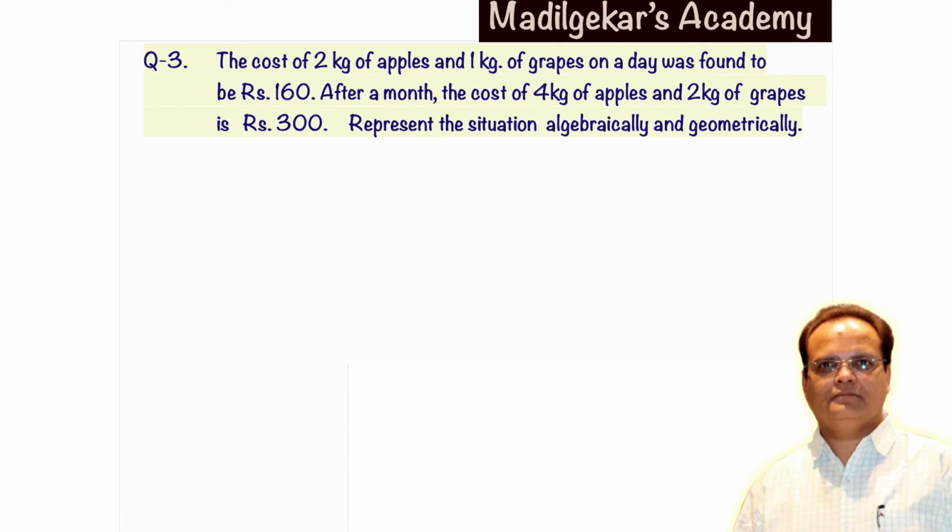Question number 3. The cost of 2 kg of apples and 1 kg of grapes on a day was found to be rupees 160. After a month, the cost of 4 kg of apples and 2 kg of grapes is rupees 300. Represent the situation algebraically and geometrically.